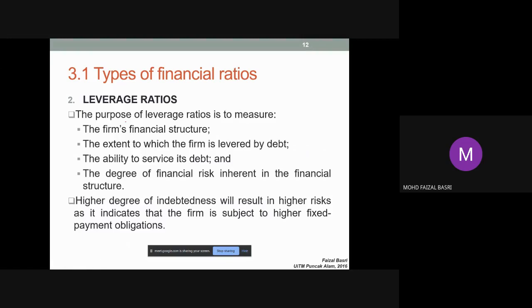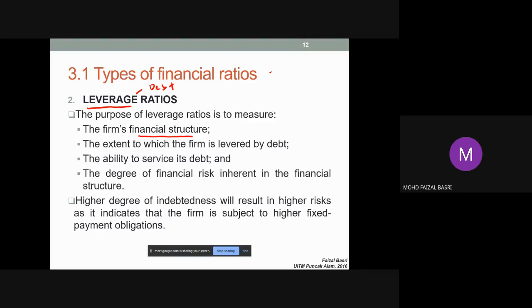When I say leverage ratios, leverage here refers to debt, which is actually liabilities. The purpose of the leverage ratio is to measure, first of all, the financial structure of the company.